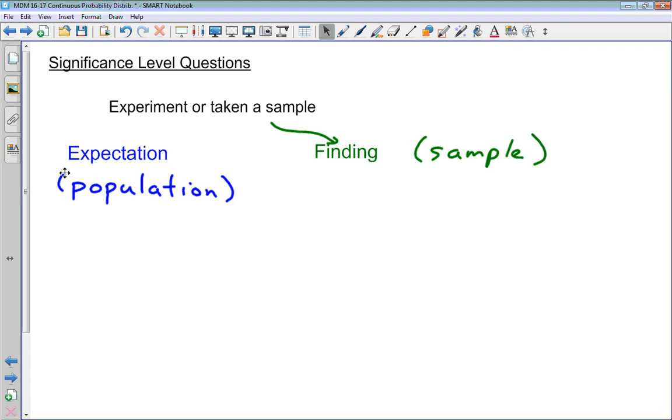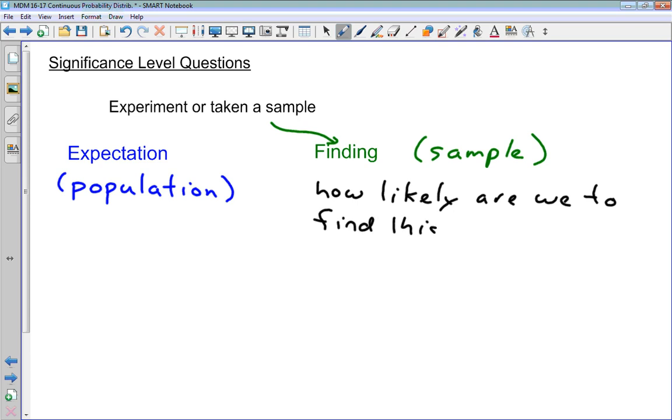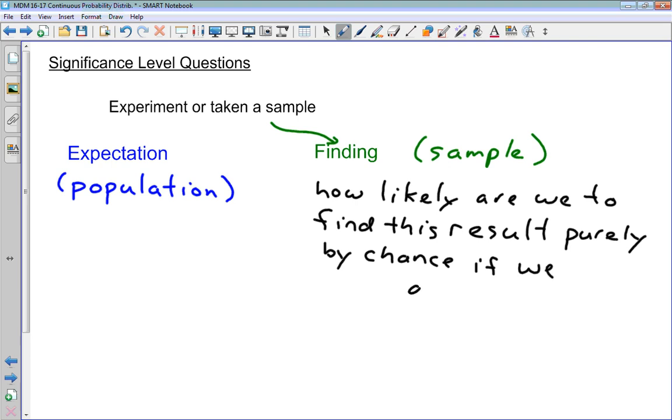And the way we phrase this question is we ask, how likely, or what is the probability, okay, are we to find this result purely by chance, if what we are assuming about the underlying population is actually true.